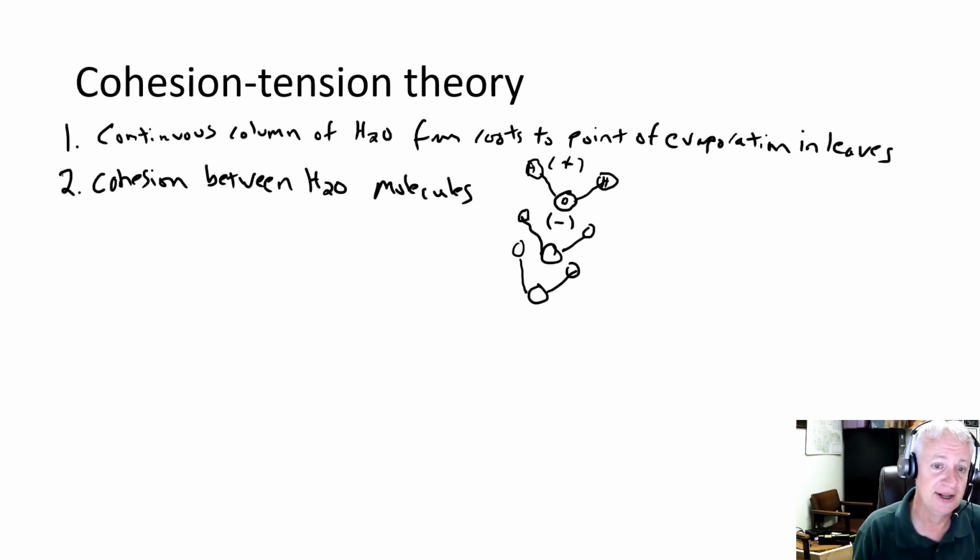That's also what makes water a really good solute. It's because that polar nature can pull other molecules apart and dissolve them. It also means we have surface tension in water, which is a special attribute of water, and that's because water is polar. Okay, so cohesion occurs, water molecules stick together.